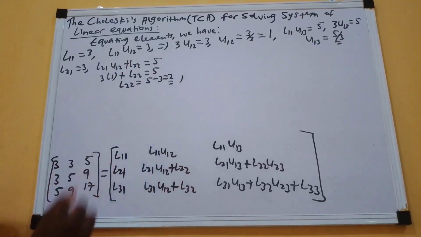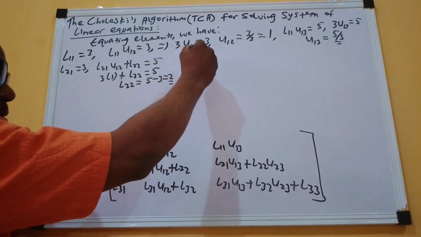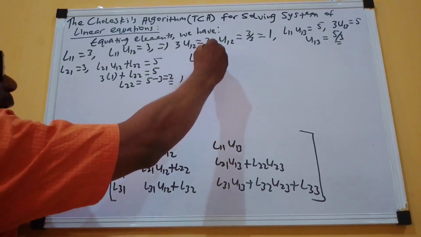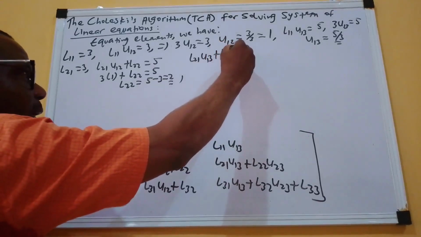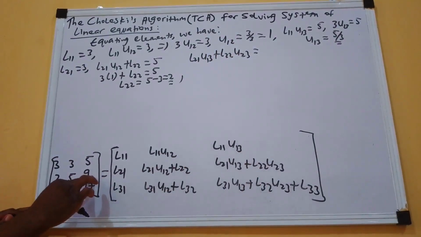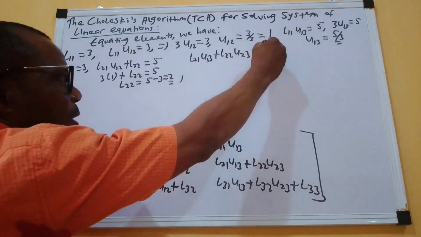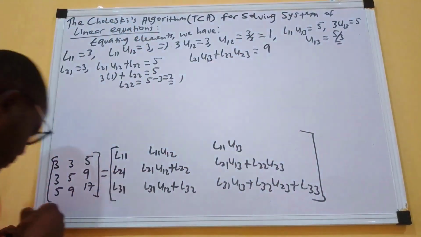We take note of that. Then you come here again. From here, our L21 U13 plus L22 U23, look at it here, is equal to 9. Let me write it clearly. Is equal to 9.